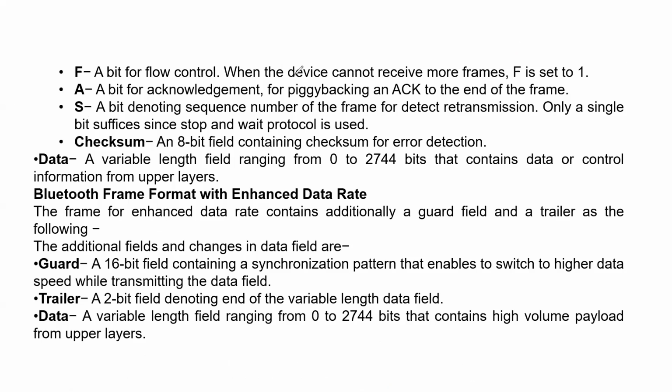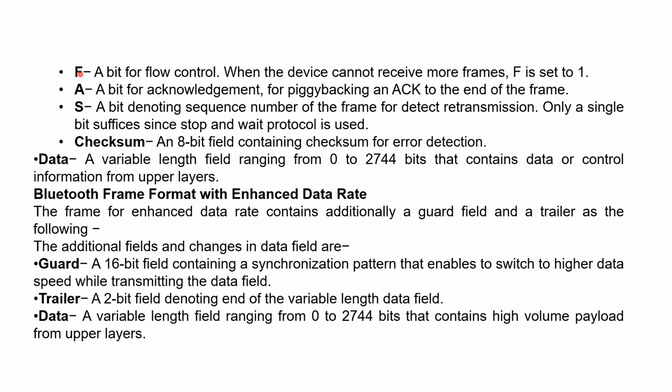Now, let us go to the 1-bit fields which we have seen in the format. As you can see, there is one bit called as F. F means flow control. It is basically used for flow control, and it indicates overflow. So when F is set to 1, it indicates the overflow, and device cannot receive more frames. Its capacity is over.